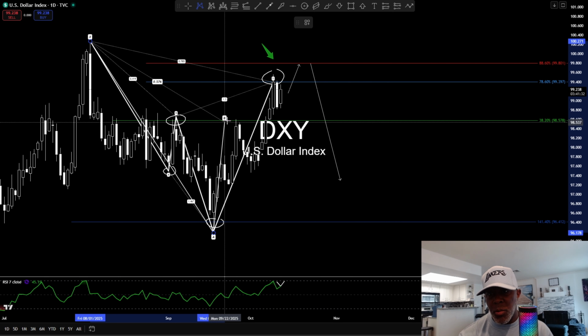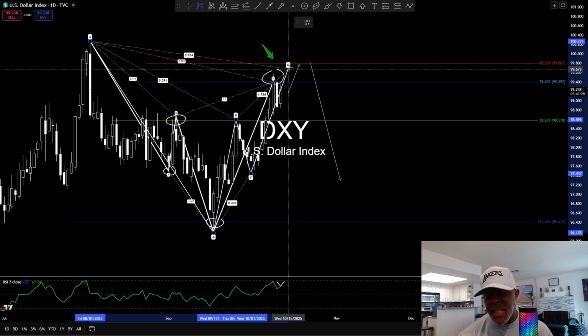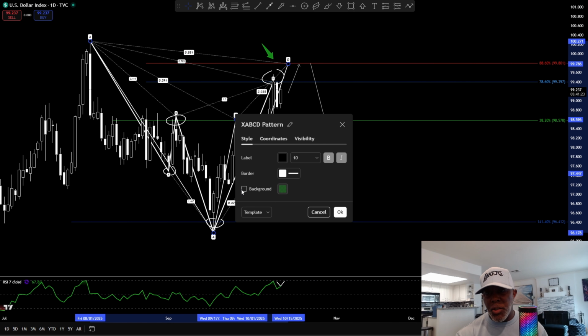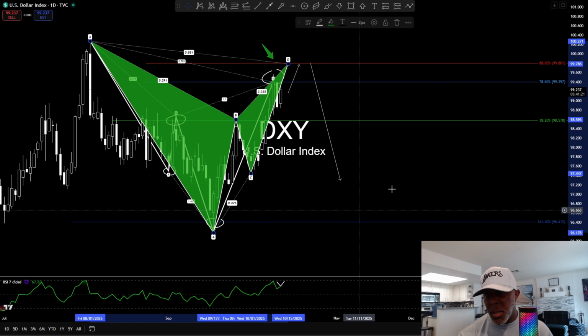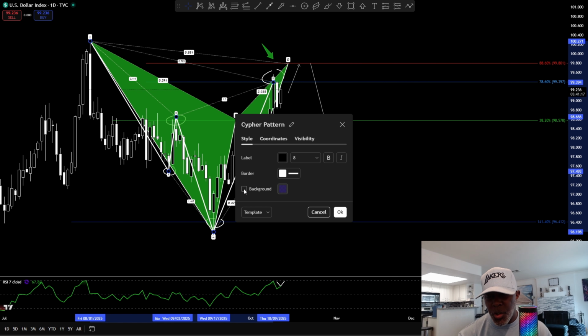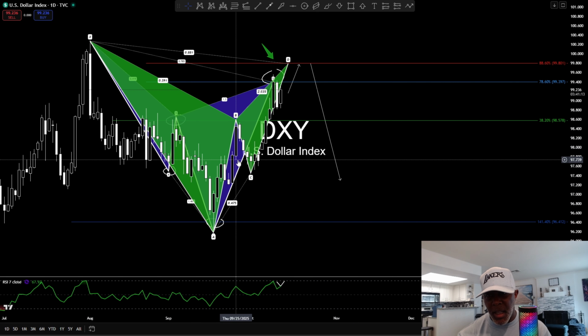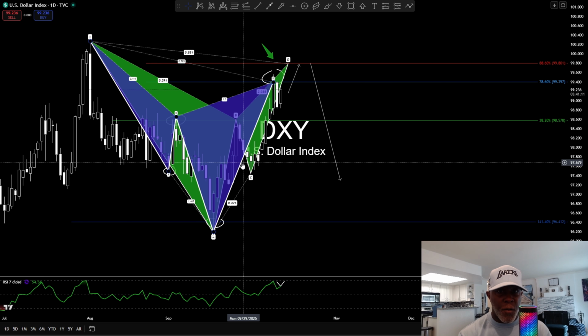Here's its impulse coming up to its B leg, its C leg, and then its D leg completion up here at 886. So it looks like a whole bunch of mumbo jumbo, but let's see if we can give it some clarity. I don't really know which two colors I want to use. If we use the blue and green, that's what it would look like. You'd have to hover on each one to see the cipher in blue.